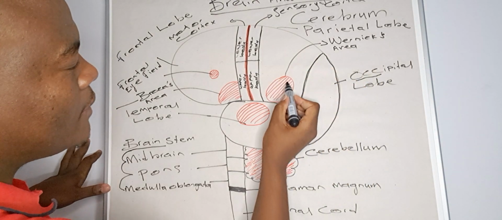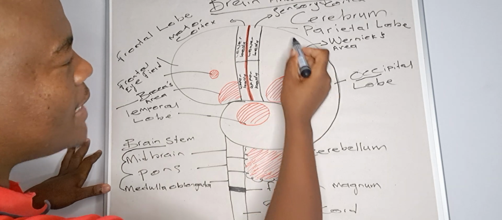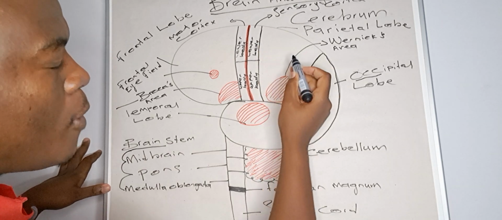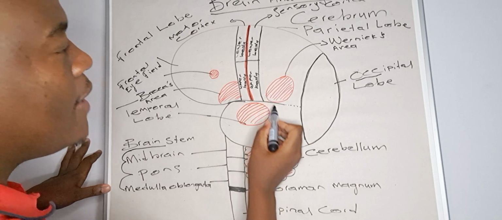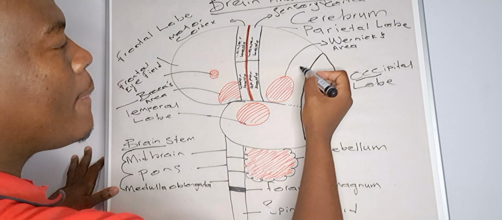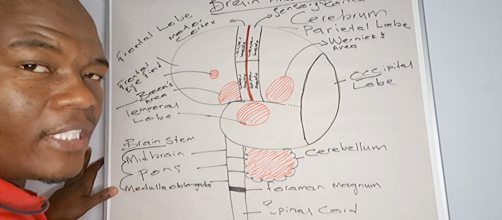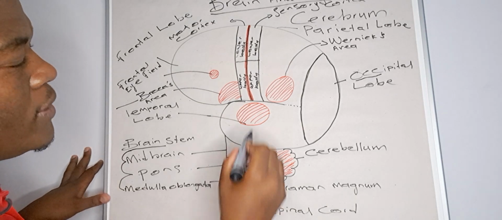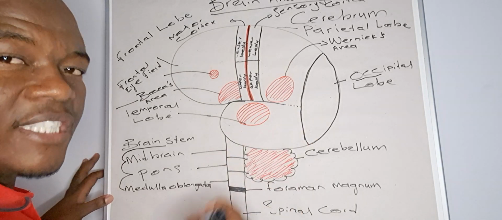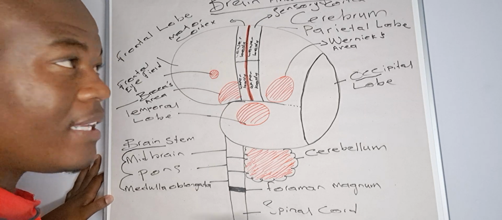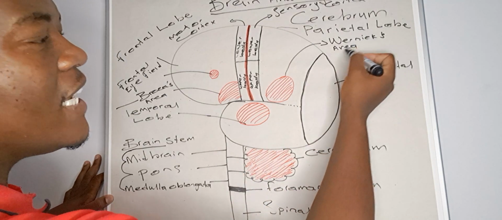Wernicke's area, this particular area here, not the entire parietal lobe component, but this area. This area has to do with posterior speech generation. As I'm teaching now, for you to understand what I'm saying is because of Wernicke's area.